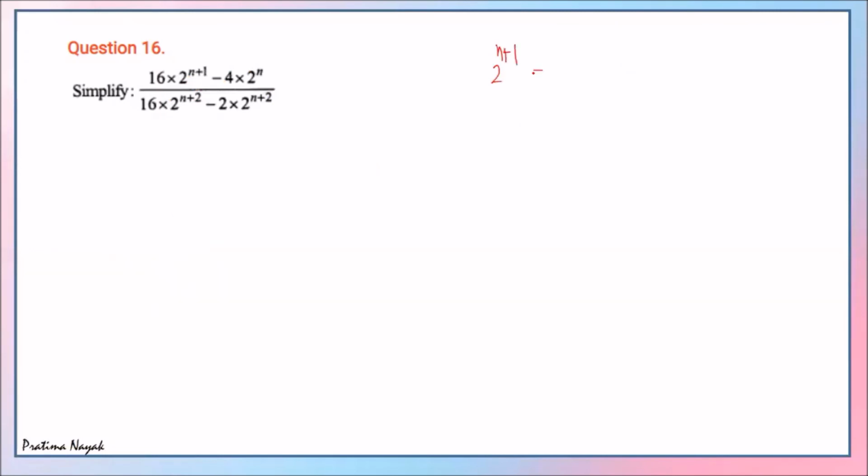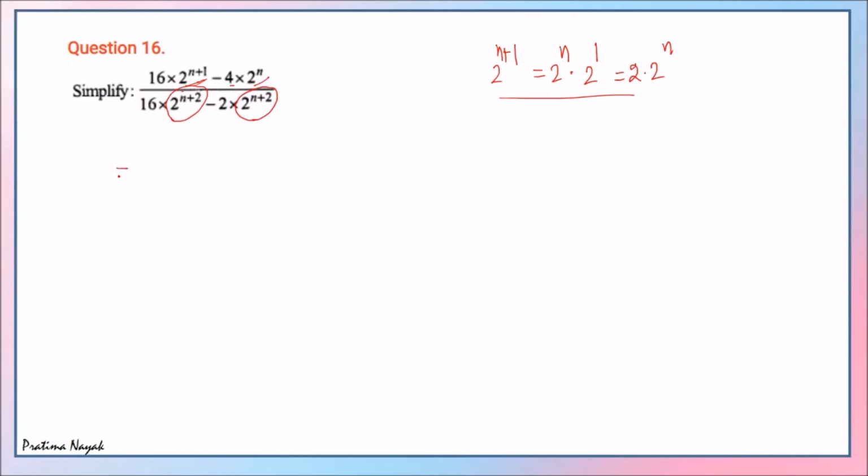Its meaning is 2 to the power n into 2 to the power 1, or I can write this as 2 into 2 to the power n, or I can write this 4 as 2 to the power 2. That means either I'll convert this expression into n, or I'll convert this as n plus 1. Then only I can take something common, they have a common factor. Similarly, here 2 to the power n plus 1 is common, so I can take it easily.